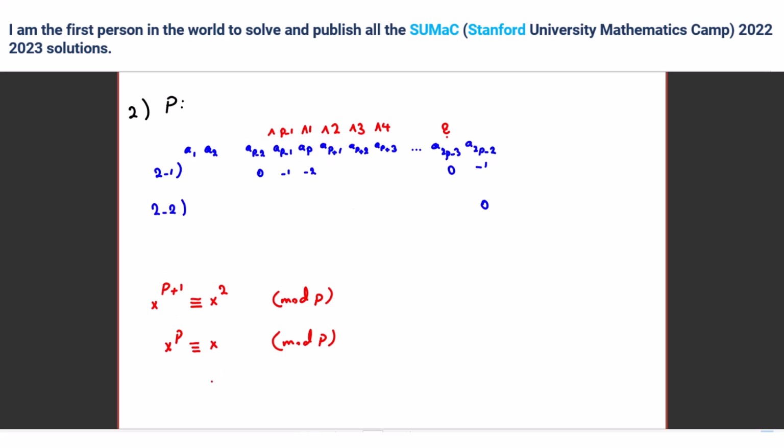When you want to calculate a^(p+1), it is a^p to the power of p plus 1 minus 1. But we said a^p to the power of p plus 1 is equivalent to a squared. So it is a^p squared minus 1 mod p, right? So for a^(p+1) we should raise to the power of p plus 1, but it is equivalent to 2. So we write the power of 2 for this one, right?